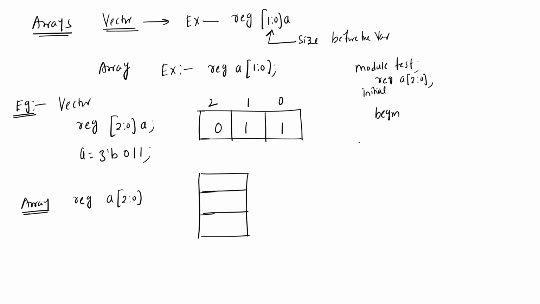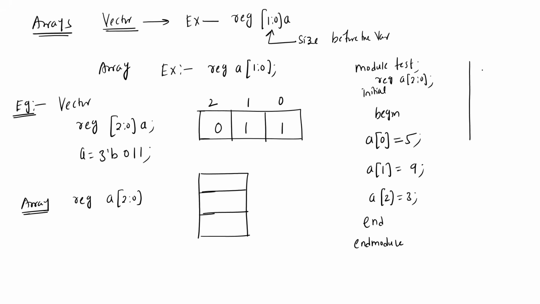Three locations. a[0] equal to 5, a[1] equal to 9, and a[2] equal to 3, and end module. How will it store? Three locations will form: location 0, location 1, and location 2.